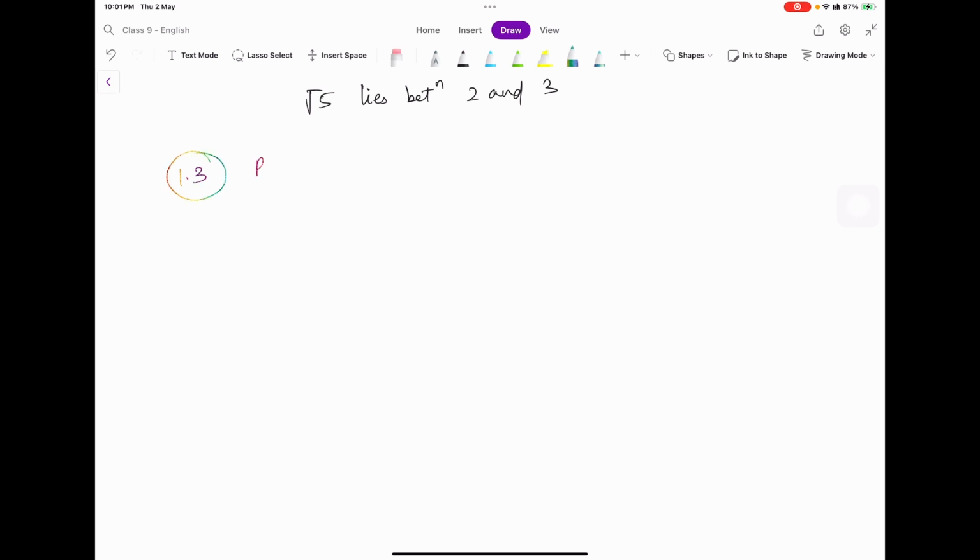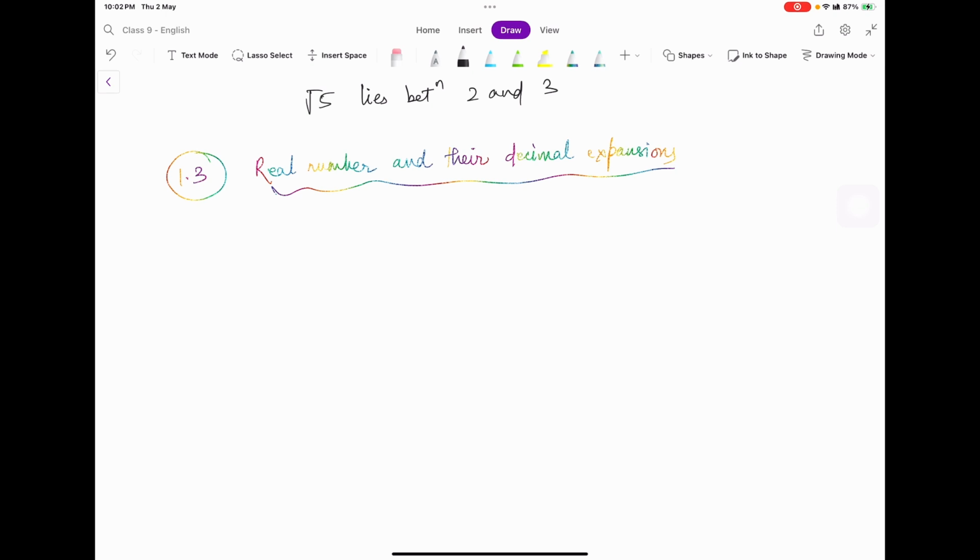Real numbers and their decimal expansions. Okay, this is the next part, real numbers and their decimal expansions.